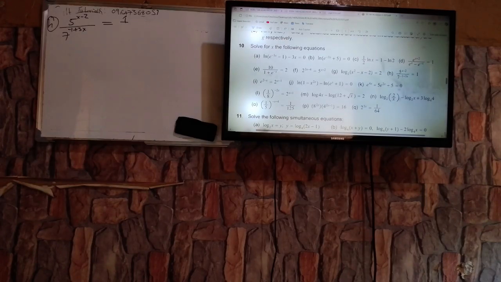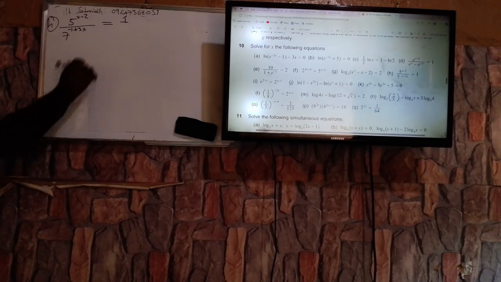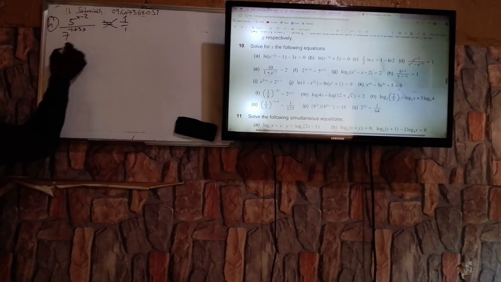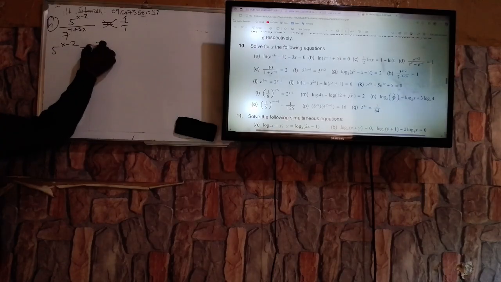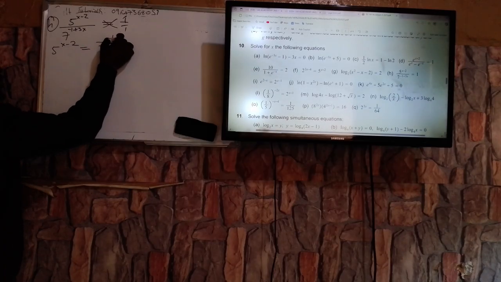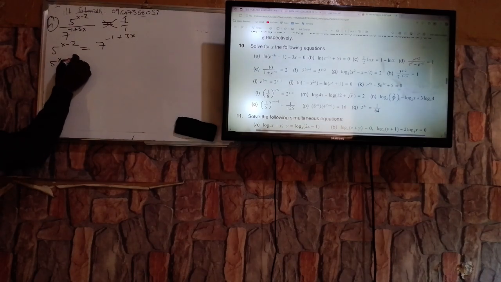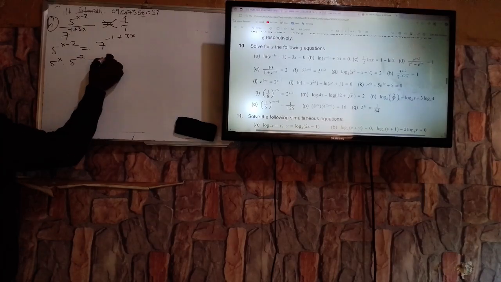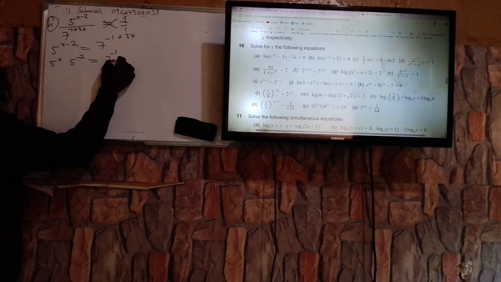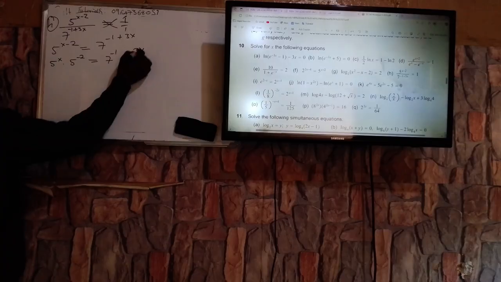So it's the same thing like the previous one. This is over 1, cross multiply. This will be 5 power x minus 2 is equal to 7 power negative 1 plus 3x. Then break it down. This is the same as 5 power x multiplied by 5 power negative 2 is equal to 7 power negative 1 multiplied by 7 power 3x.